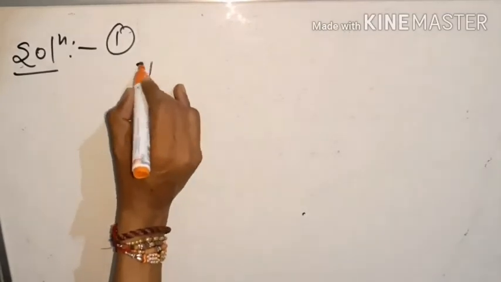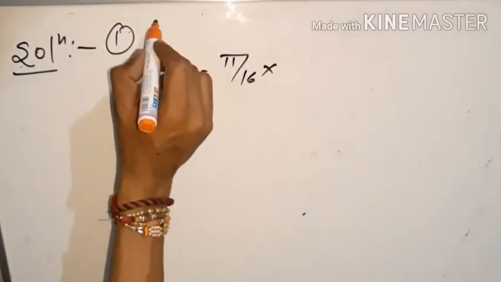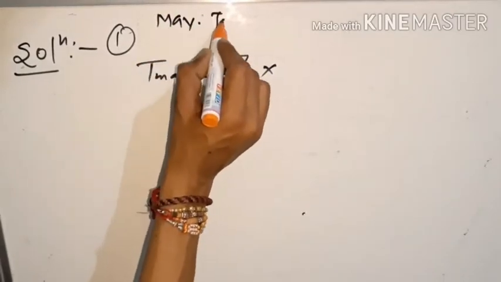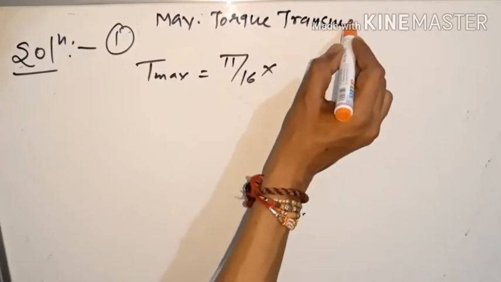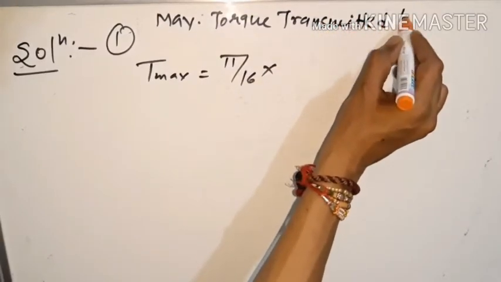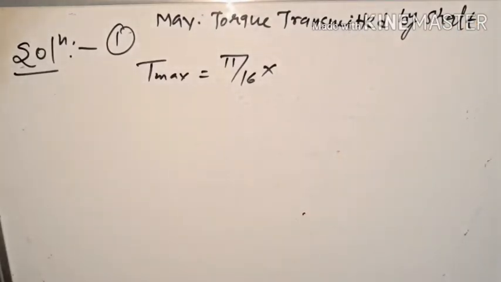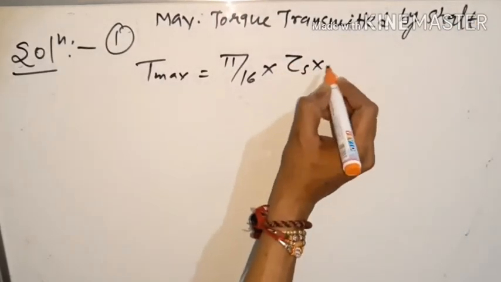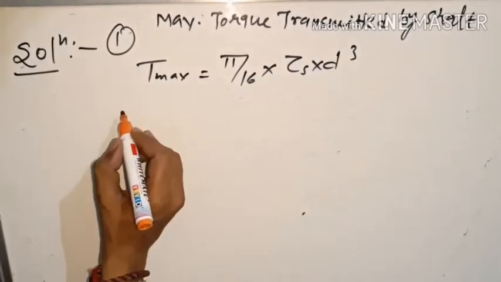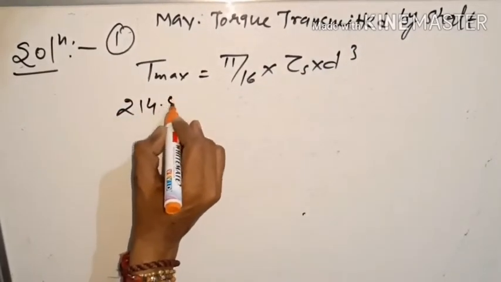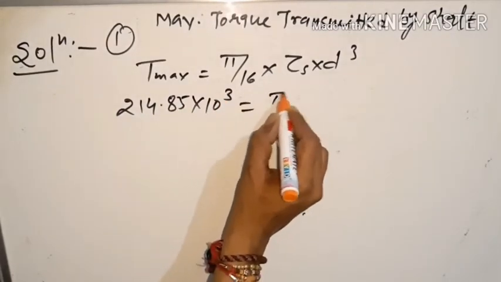Right now we know T maximum is equal to pi by 16 into tau s into d cube, where T maximum is the maximum torque transmitted by the shaft. So we have T max equal to 214.85 into 10 power 3, and pi by 16.